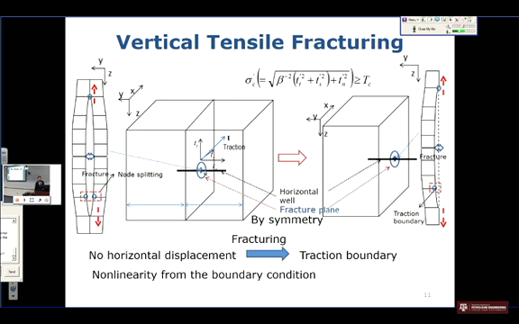But in the case of the vertical tensile fracturing, we can reduce the system in half, replacing the internal boundary with the outer boundary. Then we only change the boundary condition type, for example, from the Dirichlet boundary condition to the Neumann boundary condition. So the nonlinearity of the geomechanics is in the boundary condition.